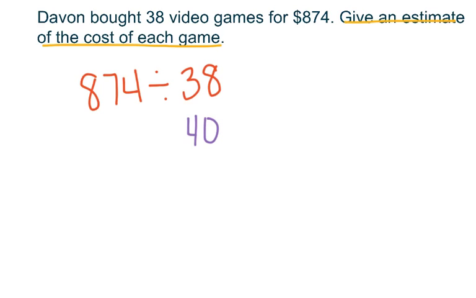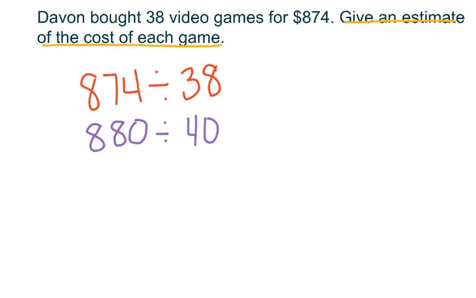Once we have 40, we're going to start thinking about those multiples of 40. And I know right off the bat that 88 is a multiple of 4, so I can see that I'm going to round 874 to 880. This is an approximation again. Yes, it's a little more than he spent, but it's also a little more video games than he bought. So we're just looking for an approximate amount of money.